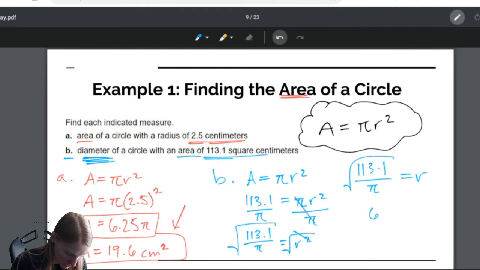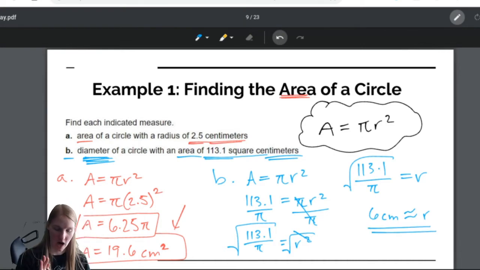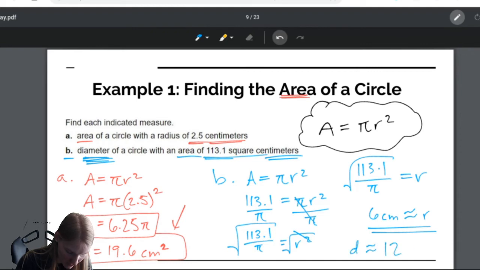So we'll just do approximately 6 centimeters. Approximately 6 centimeters for r. And remember, now that we have r, we can easily find the diameter by multiplying by 2. So the diameter is approximately 12 centimeters.